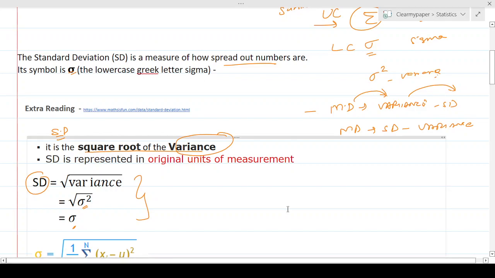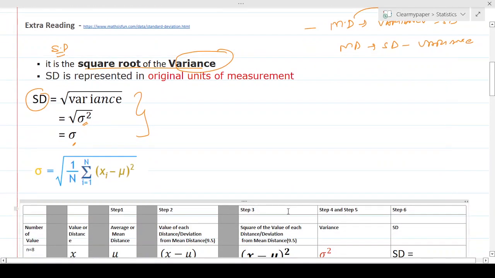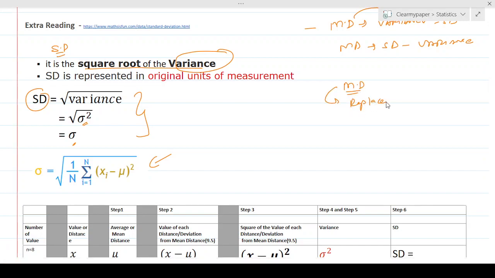Okay. And if you want the statistical formula, this is the formula, but I would recommend not to memorize that. All you need to memorize is one formula for mean deviation. And in mean deviation, if you replace the absolute value with a square value, you get variance.